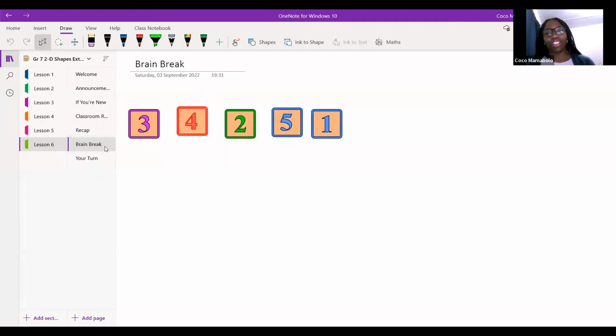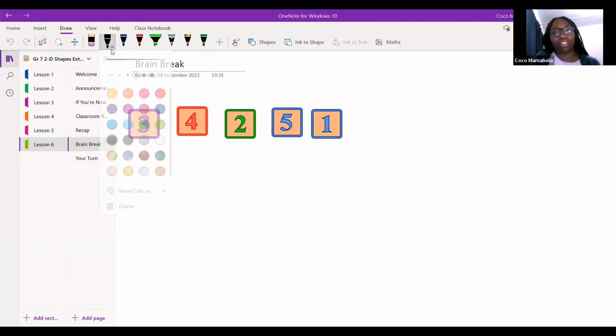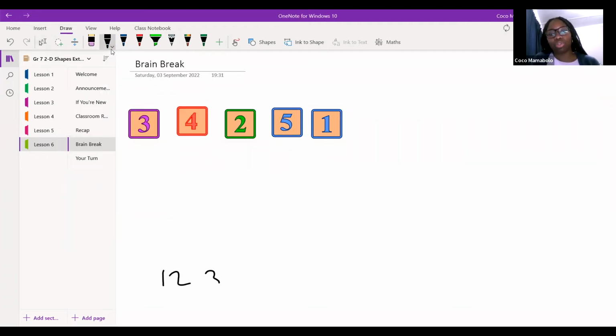Okay, right. So remember, what we want is for all of this to end up in the correct order. So what we're looking for at the end of this is 1, 2, 3, 4, 5 in that order. But as Teacher Kat said last time, we're going to add a little bit of a rule.